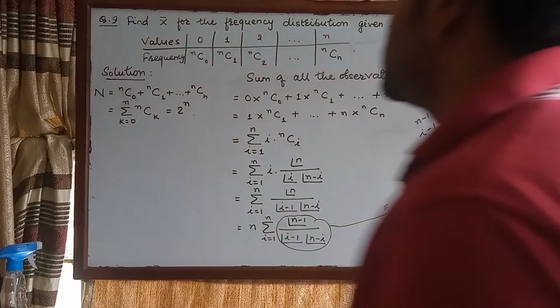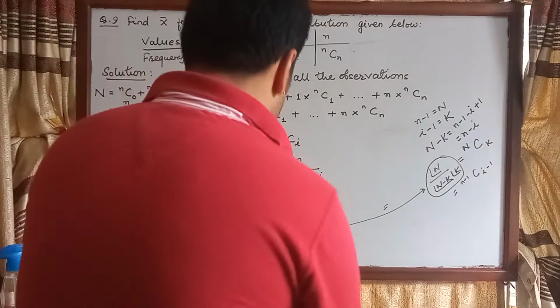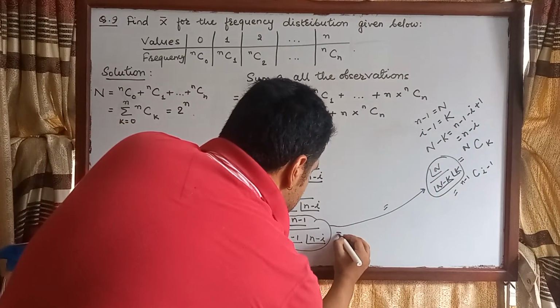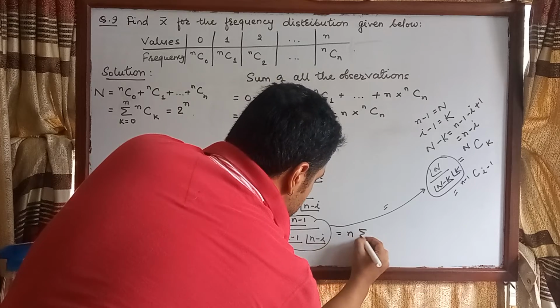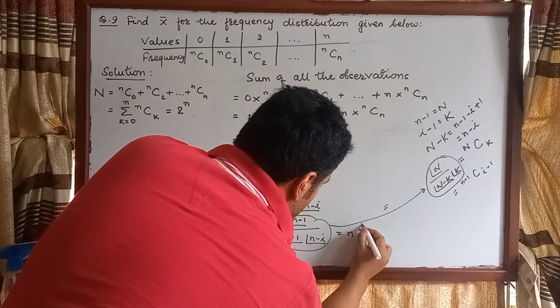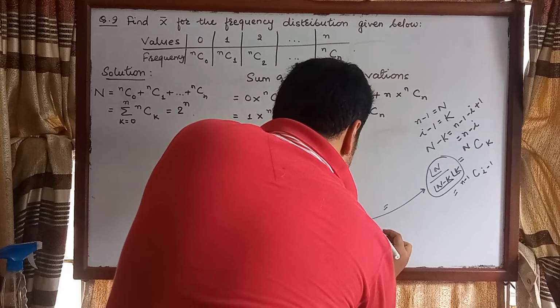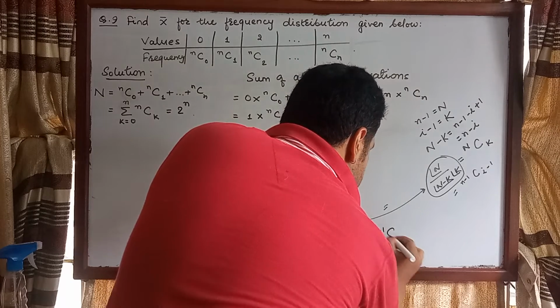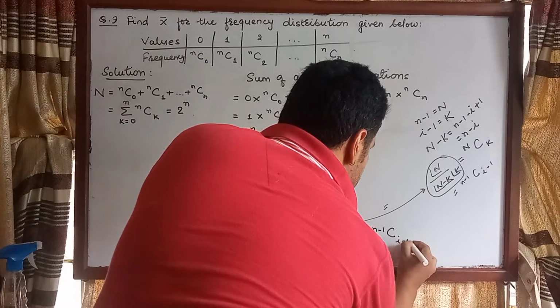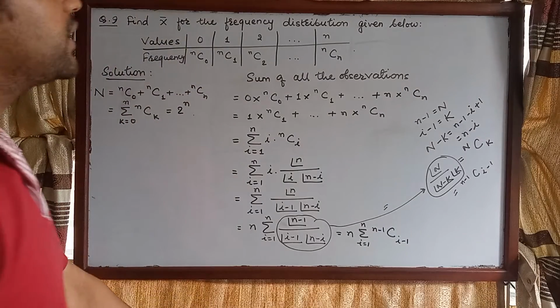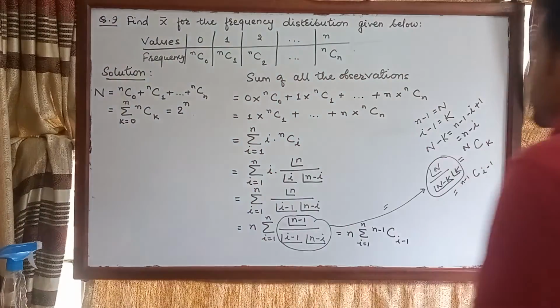So basically this sum is equal to n times the summation i runs from 1 to n of (n minus 1)C(i minus 1).